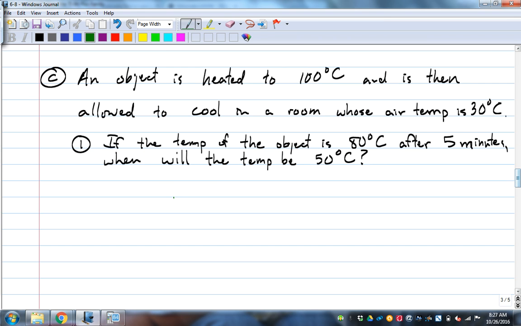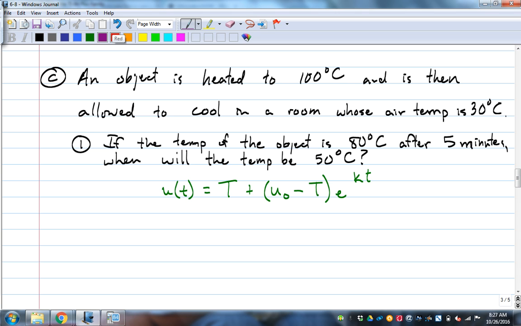All right, so our formula, U of t: capital T is the room temperature, U sub 0 is your initial object temperature, e to the kt. Okay? So let's plug in the stuff we know.